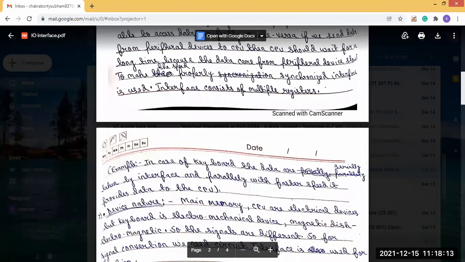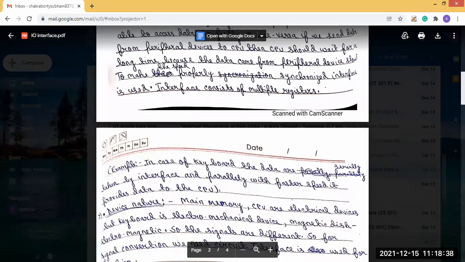Now the second reason we use the interface is the device nature. Our main memory and CPU are electrical devices, but the keyboard is an electromechanical device.